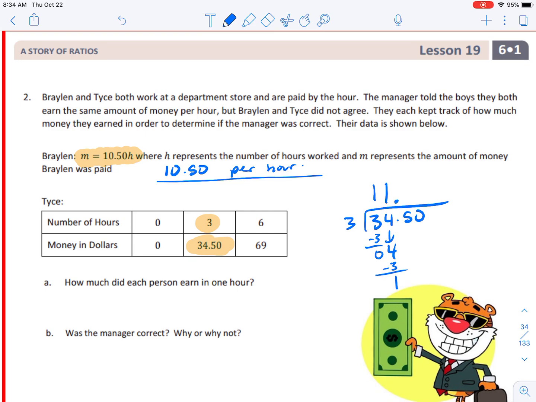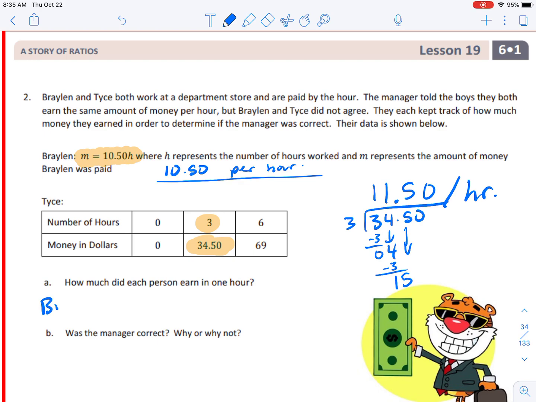Remember, we have to bring our decimal straight up and then drop the 5. 3 goes into 15 5 times. Okay, and all we have left is the 0. So Tice is making $11.50 per hour.